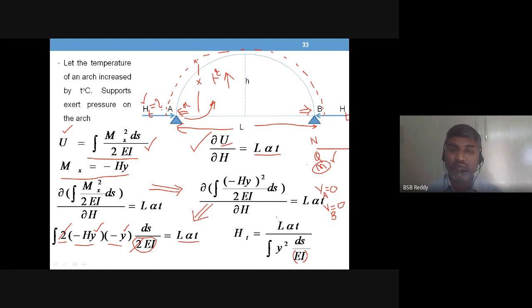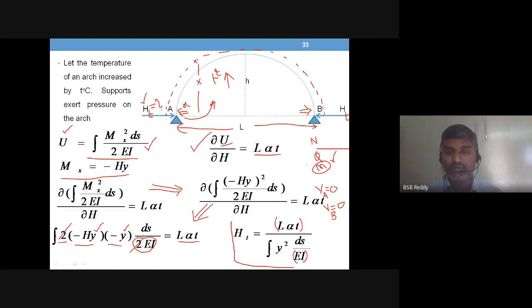So numerator value is Lαt, that is ΔL, change in length of the span of the arch. And denominator is integral y² ds, the same as the earlier expressions for gravity loads, but you have divided by EI in this expression.